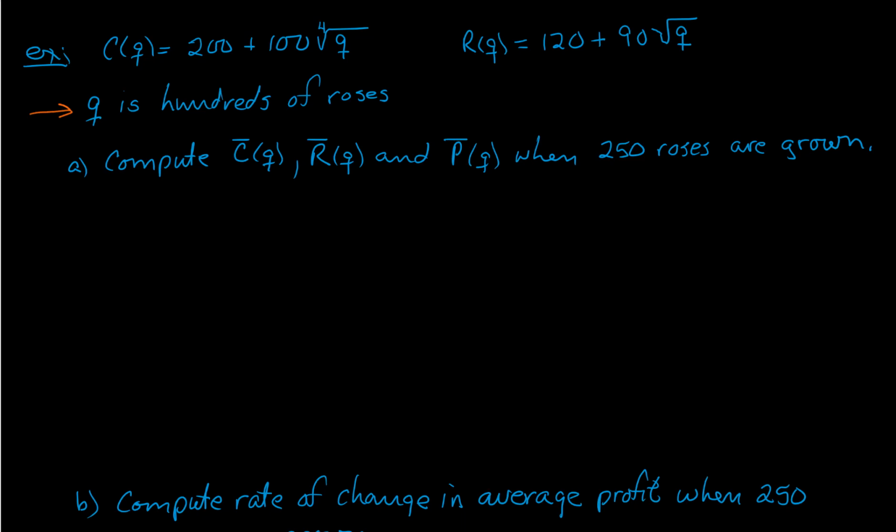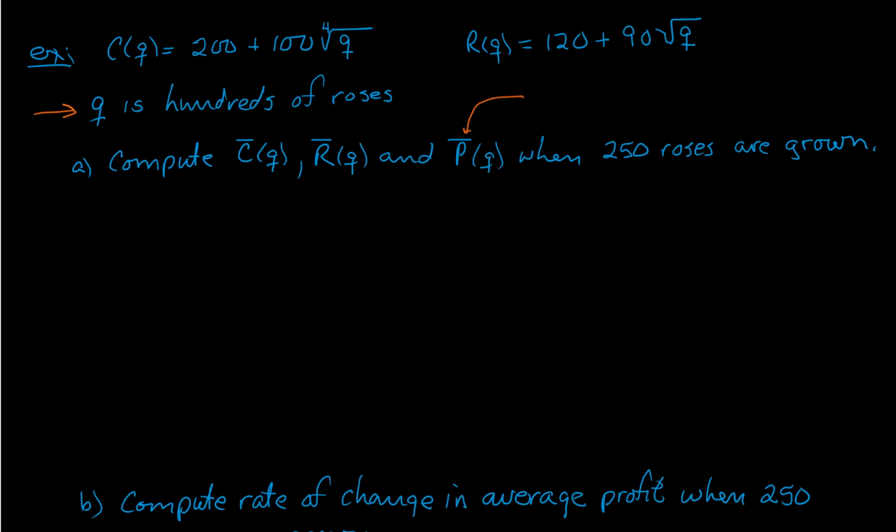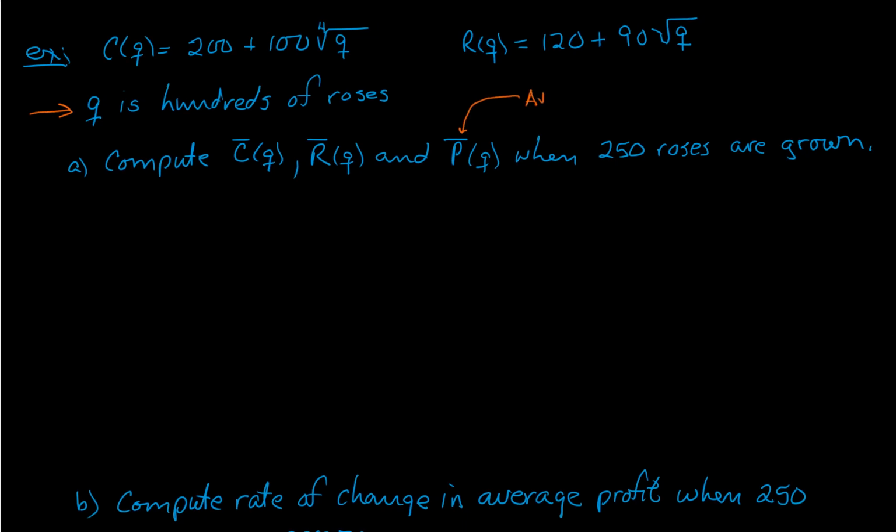Well, what's that little bar above each of those mean? What that bar means is the average. Okay, it's a quick mathematical notation to say average profit, average revenue, or average cost. Well, C bar of Q is going to be pretty straightforward.